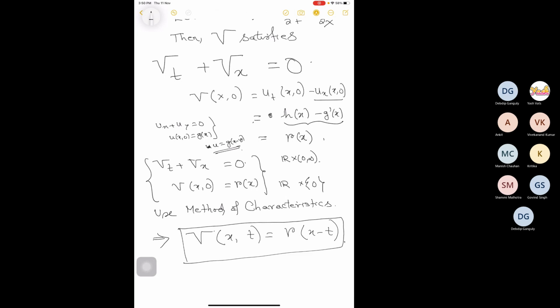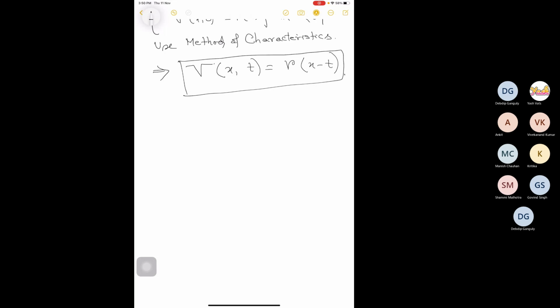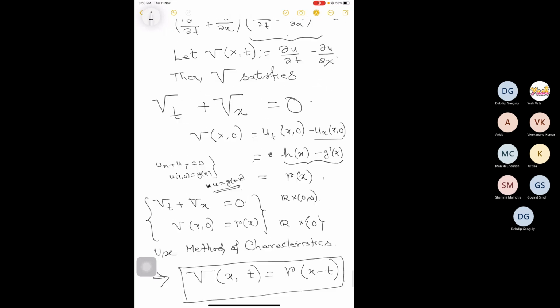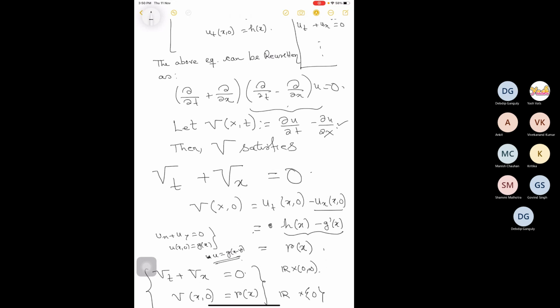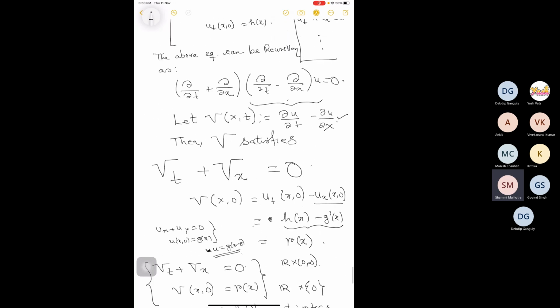And of course, we know what r(x minus t) is. It can be written in terms of h of x minus t and g prime of x minus t. Okay, now what will we do? Now substituting back. We have defined v(x,t), and now we know explicitly that v(x,t) is r of x minus t. Now what will I do? Apply the method of characteristics again.